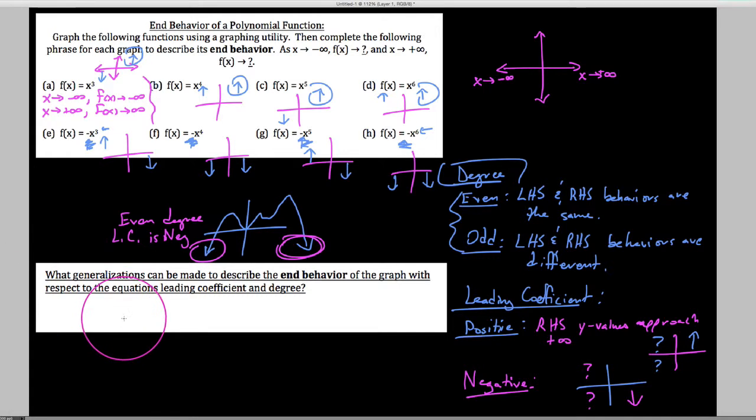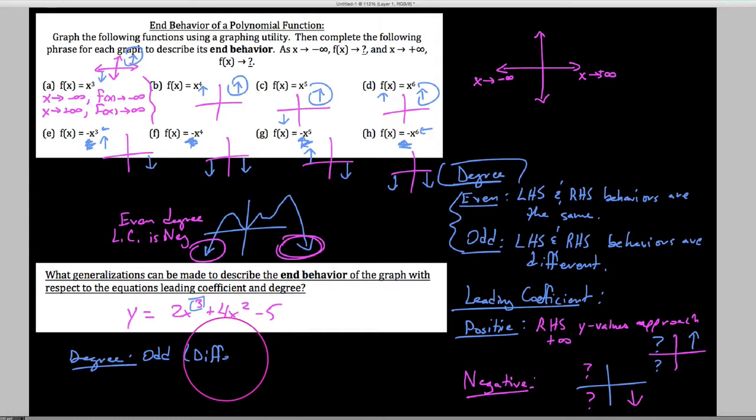So using what we know now, in the next video when we say go graph something like this, 2x to the third power plus 4x squared minus 5, what we can already say is that our degree here is third degree, so it is odd. So we have different behaviors on the left and the right hand side.